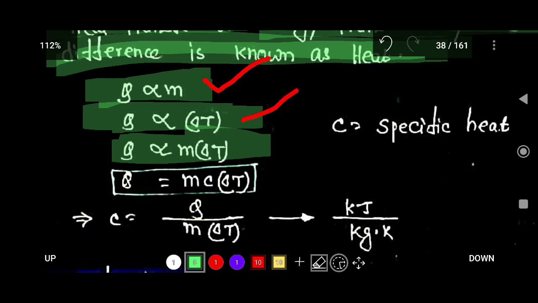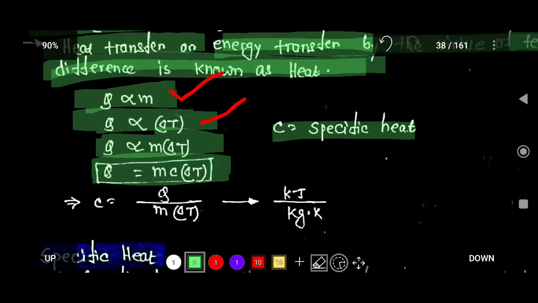From here you can say that Q equals mc delta T. C is the proportionality constant, known as specific heat.